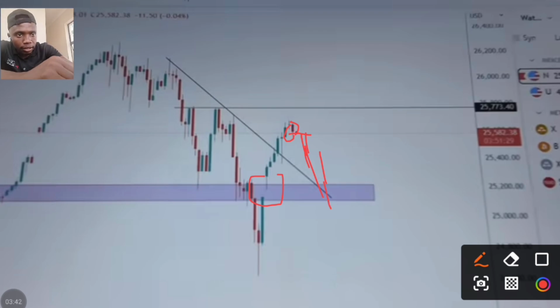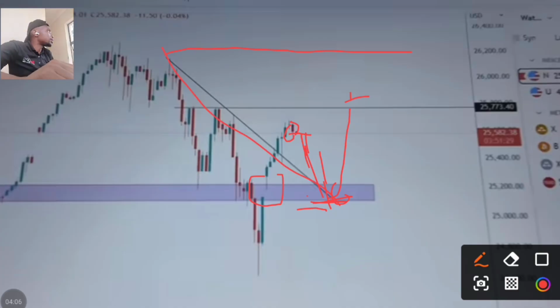Then this side will be my TP, take profit. And then from here, that's where I enter my buys. After confirmation or manipulation, the market is another buy, hoping to go up. This will be my TP again.